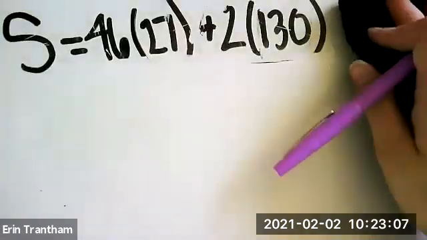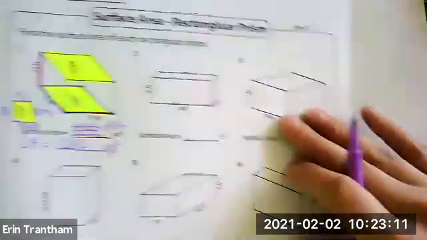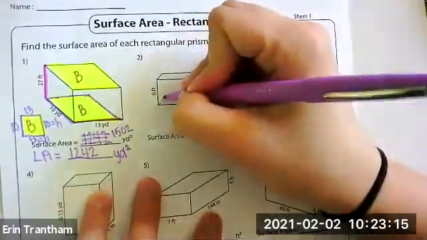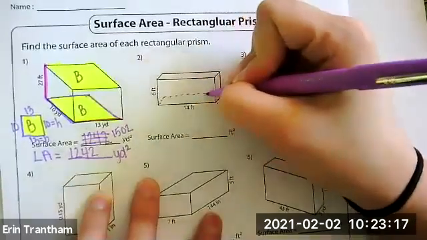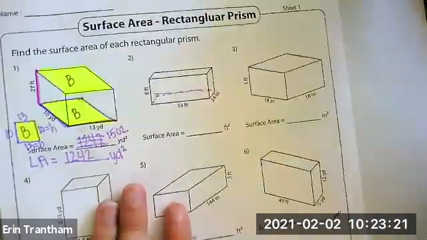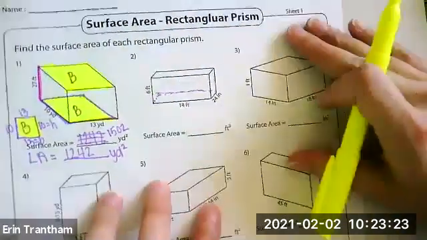Okay. Let's erase. All right, let's get our yellow highlighter, and I'm going to redraw my prism. You know that the bottom is the base, so we're going to highlight that yellow.